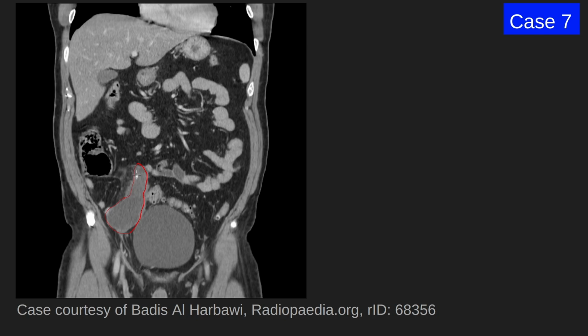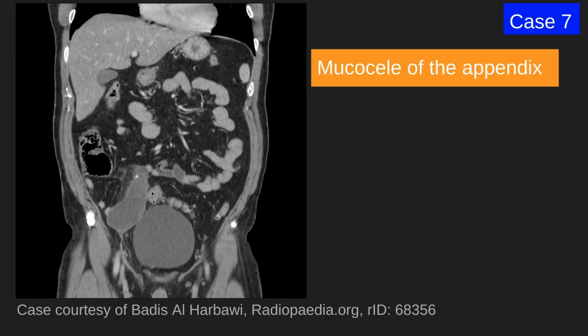There's a focal calcification as well, and no significant fat stranding around this structure. This is a very typical location for the appendix. You can see part of the cecum right here, and a small valve right here. So this looks like a dilated appendix filled with low density material and with some calcification in the wall. This is a typical appearance of a mucocele of the appendix.